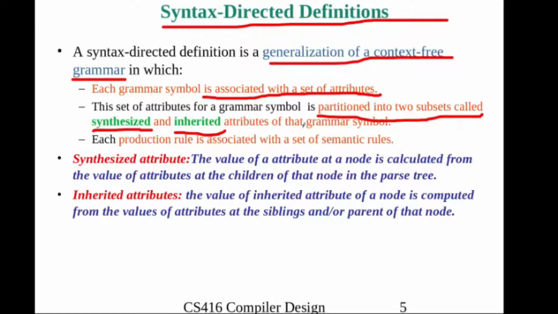And this classification is based on how we are evaluating the value of the attributes. Each production rule is associated with a set of semantic rules, and evaluating the semantic rule will yield the value of the synthesized attribute or inherited attribute.